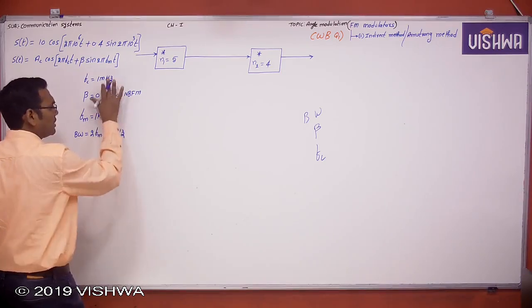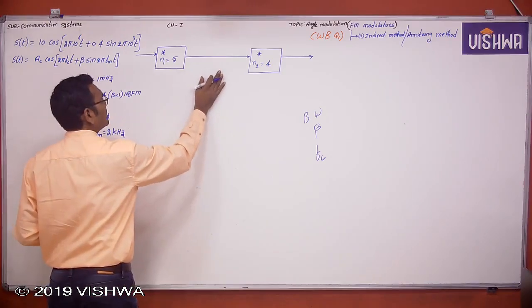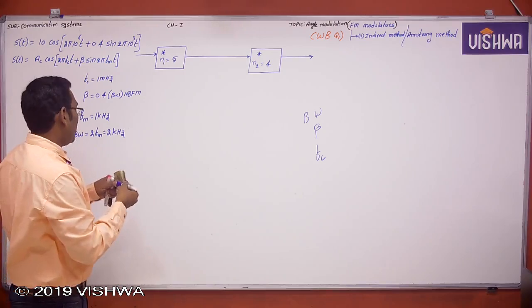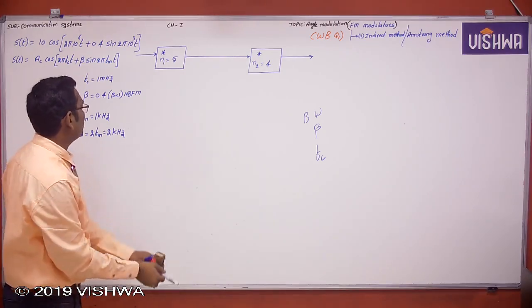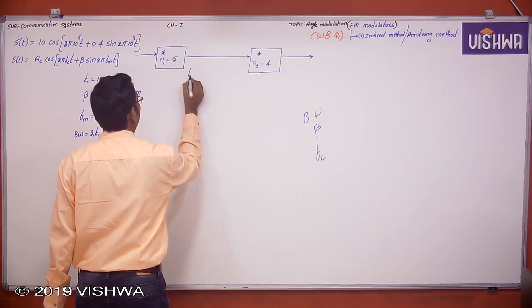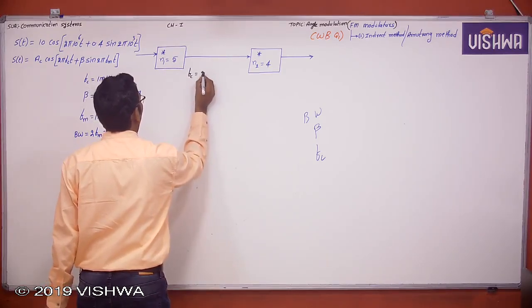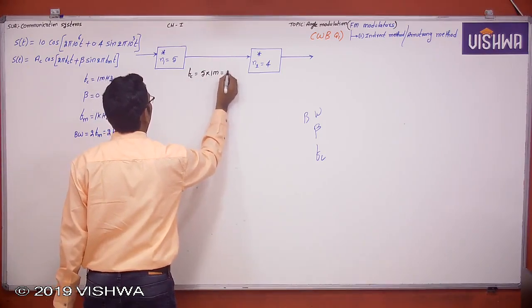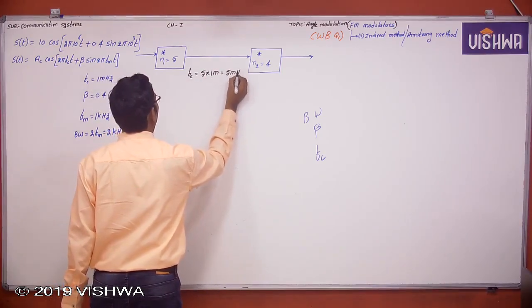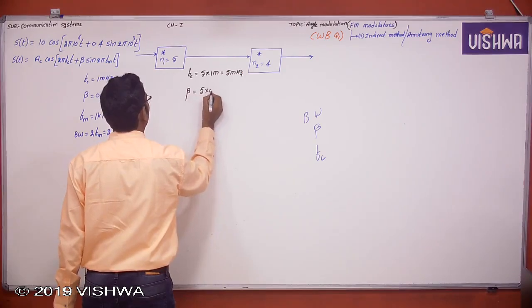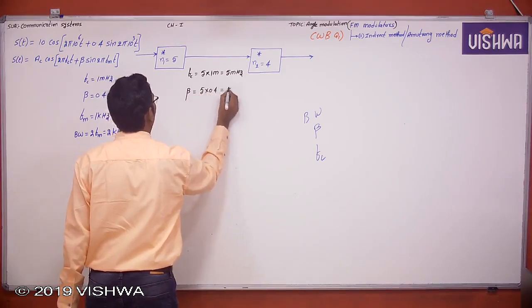But he is not asking that here, he is asking at the output of the first multiplier and the output of the second multiplier. The carrier frequency is changed by a factor of 5 times, so 5 into FC. FC is 1 megahertz, therefore 5 megahertz is the carrier frequency. Modulation index is also affected by 5 times, so 5 into 0.4 is equal to 2.